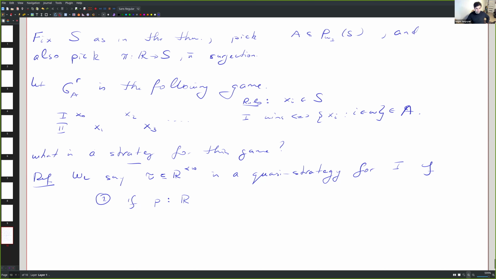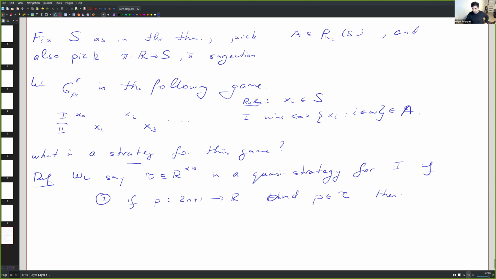That means P is mapping 2 to the n plus 1 into reals, and P is in tau. So this means it's a run of the game where 2 is about to respond.